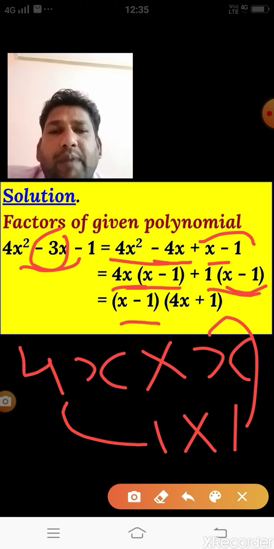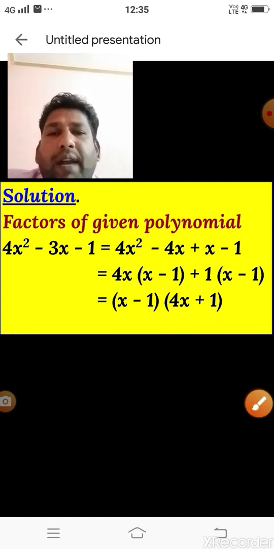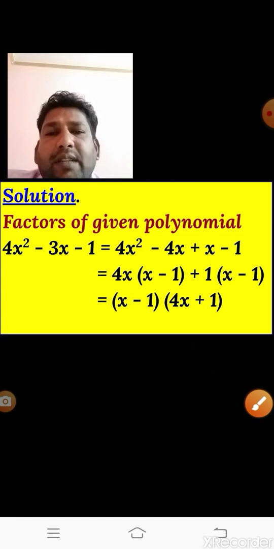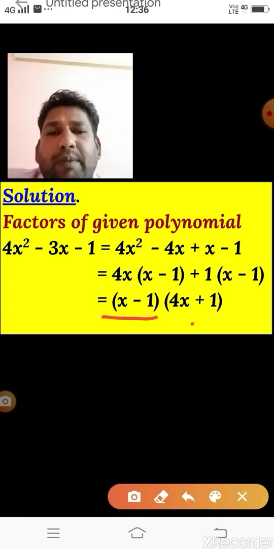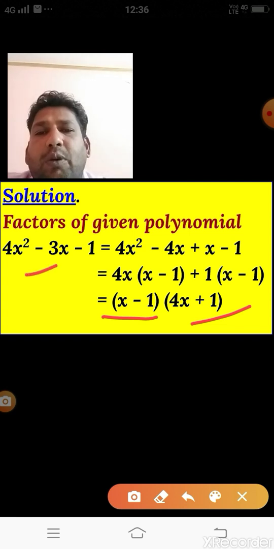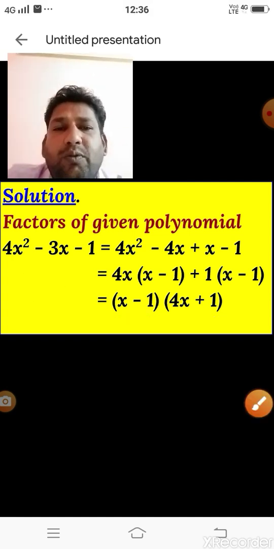If you take x minus 1 common, then from the first term we get 4x, and from the second term we get 1. Simply by the prime factorization method, we are able to find the factors of this polynomial. Here we get the two factors, x minus 1 and 4x plus 1, for this polynomial 4x square minus 3x minus 1.